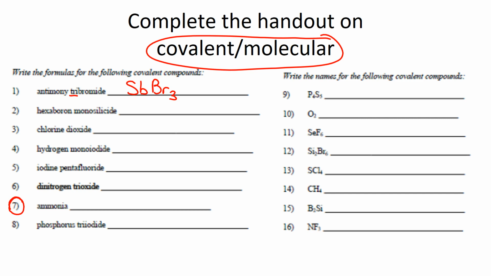We don't think of it in the sense of naming it as a covalent, because if we named H2O based off of covalent rules, we would call it, all right, the official name for H2O is dihydrogen monoxide.